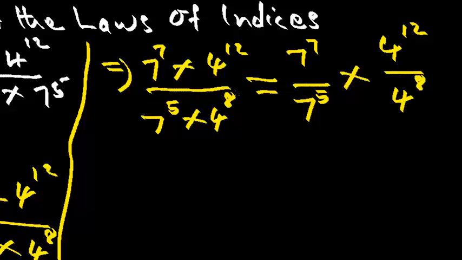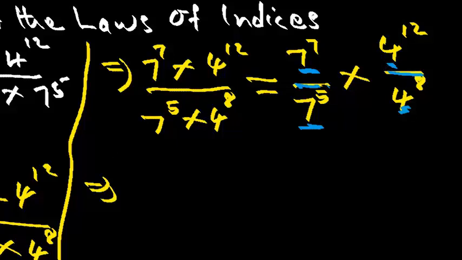Basically, we are separating it so that we can apply the laws of indices. The base is the same, 7 and 7, and this is division, so we can apply the division rule. Here too we have the same base, 4 and 4, and this is division too, so we can apply the division rule for the right side as well.